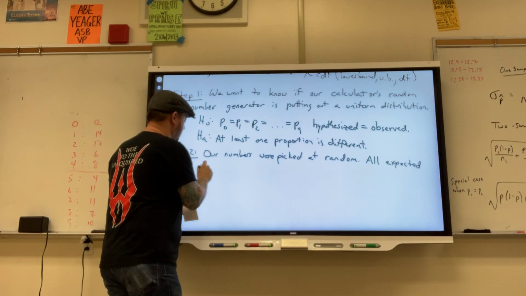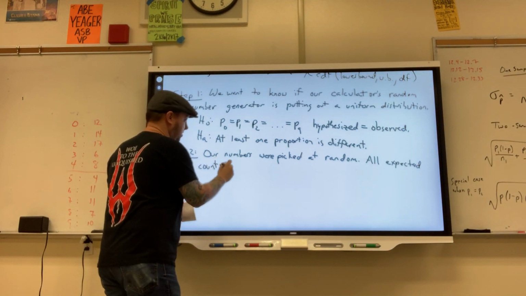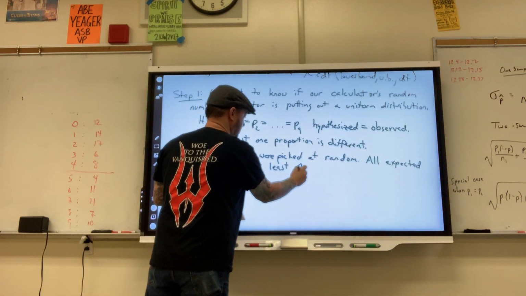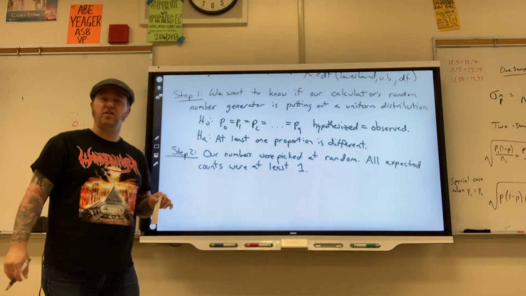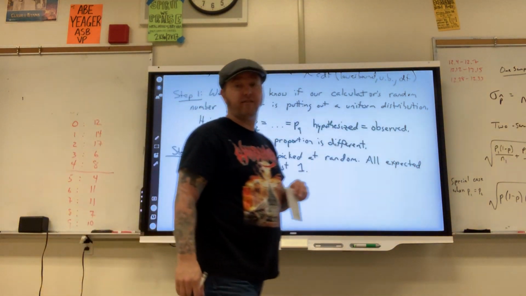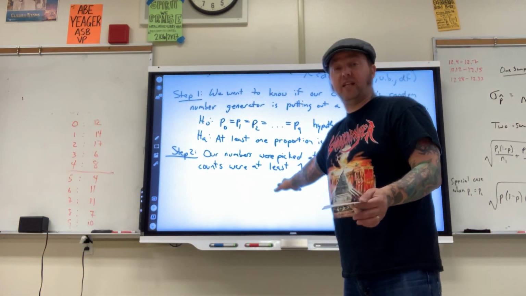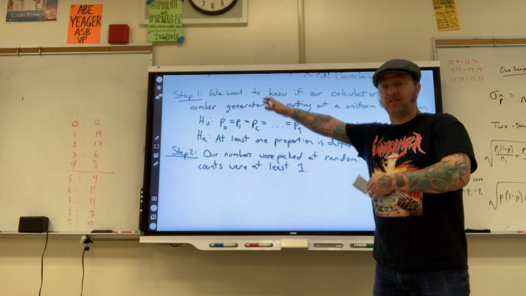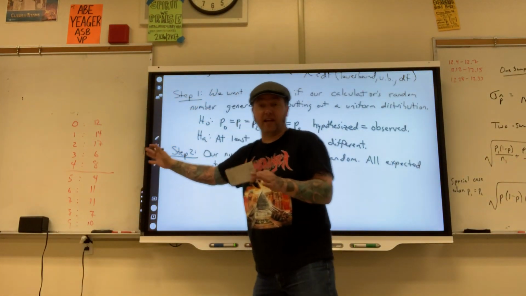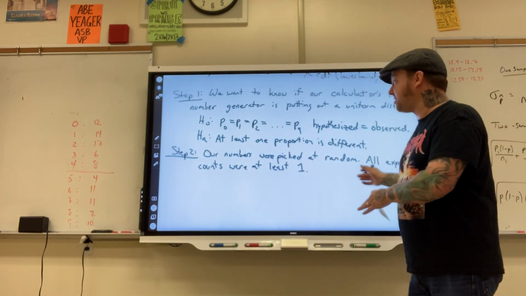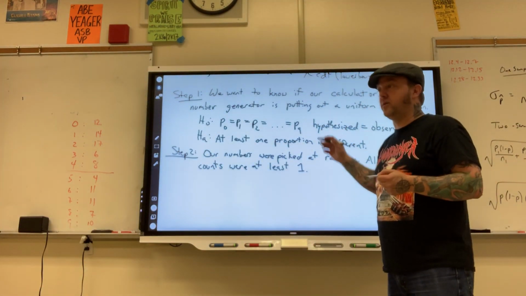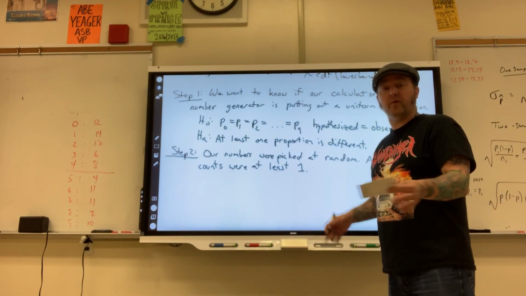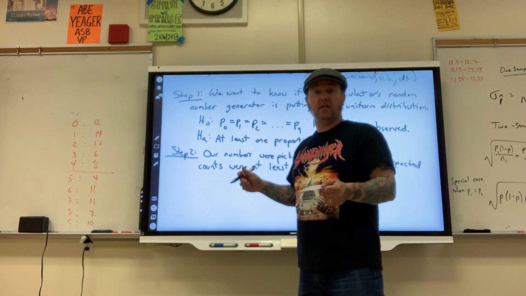All expected counts. Now, when it says no more than 20% less than 5, so we have 10, which means we could have 2 of them with expected counts of 4. Now, since it's supposed to be uniform, they're all 10, it's fine. But, I mean, let's say it was something with different proportions, if we're rolling 2 dice, okay?